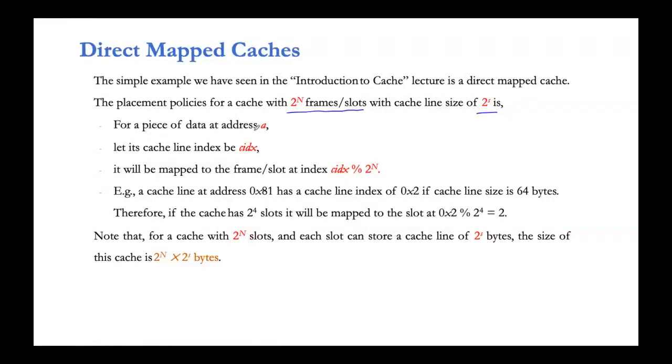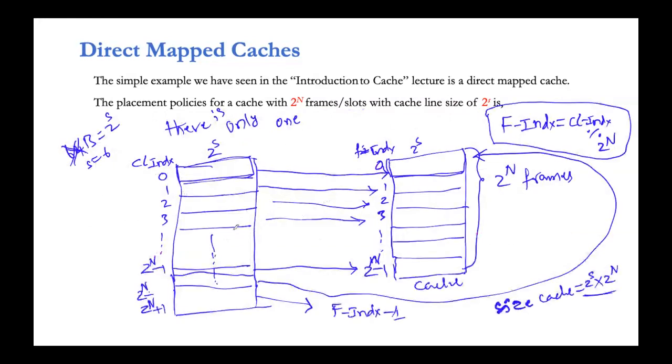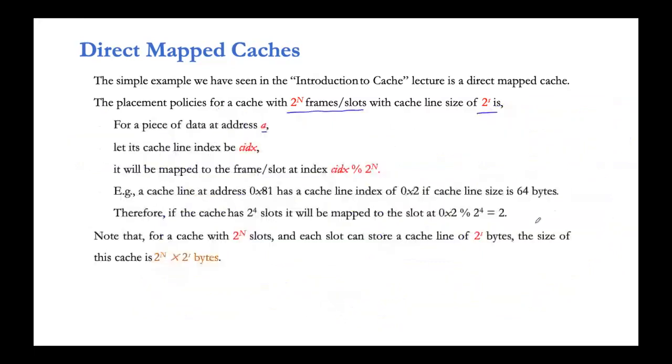Suppose a piece of data is at address A, and let its cache line index be the cache line index. Then the frame index is calculated as your cache line index modulo 2 to the power of n frames.